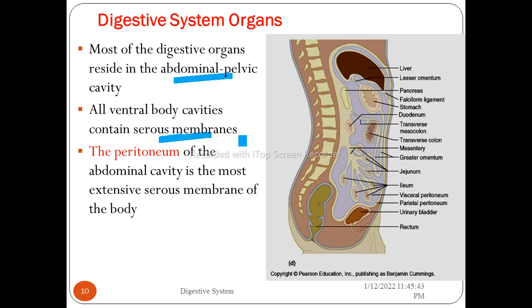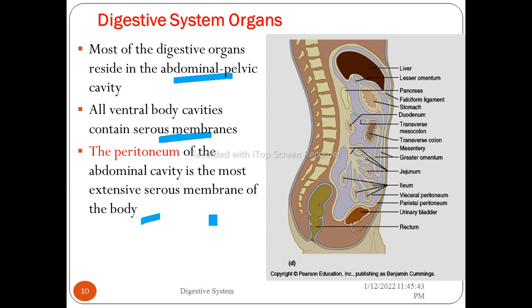The peritoneum of the abdominal cavity is the most extensive serous membrane of the body, very large compared to, for instance, the pleura for the lung and heart. For the GI system, we say peritoneum.